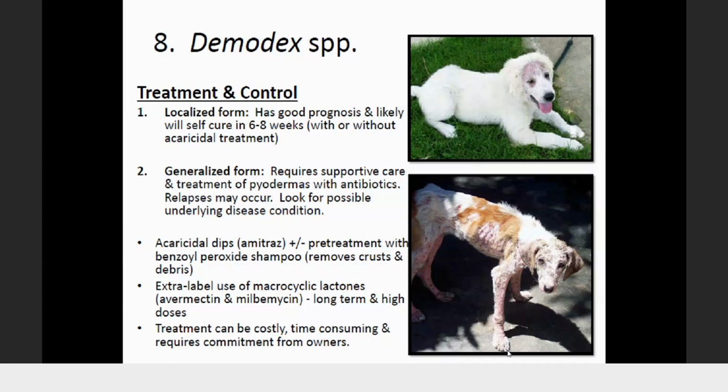Okay, because the study is not over, it's really important to see if there are underlying diseases that prove that the animal is immunosuppressed. So for treatment, you can use neutrals, retreatment, and then you can use extra-label resistant chemicals.